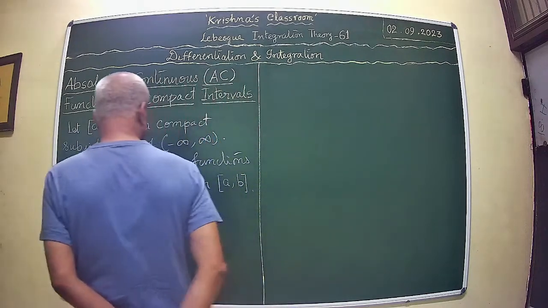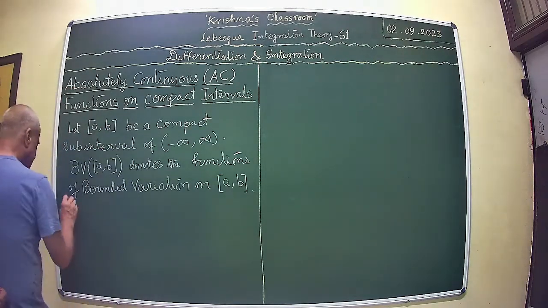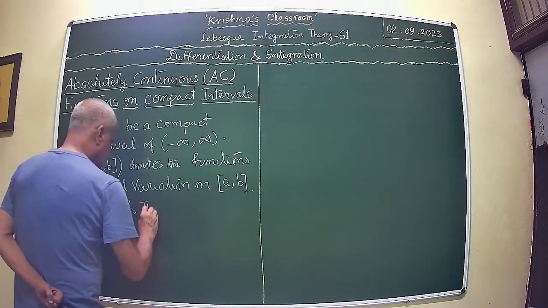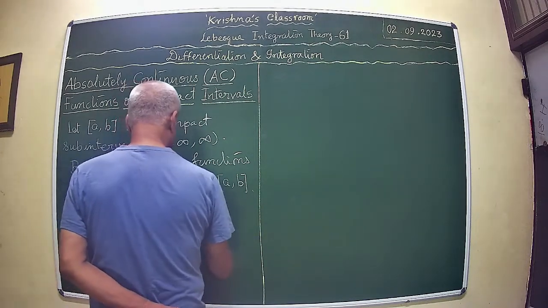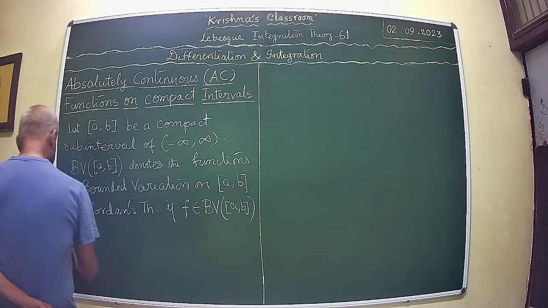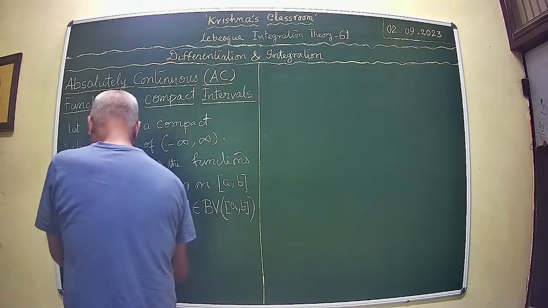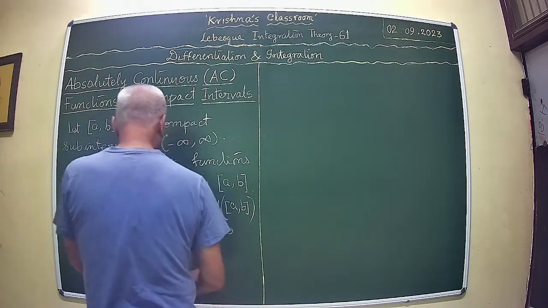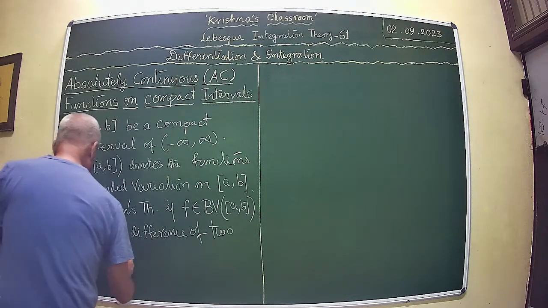Then we proved, by Jordan's theorem, that if f is in BV[a,b], then f is the difference of two functions of bounded variation.